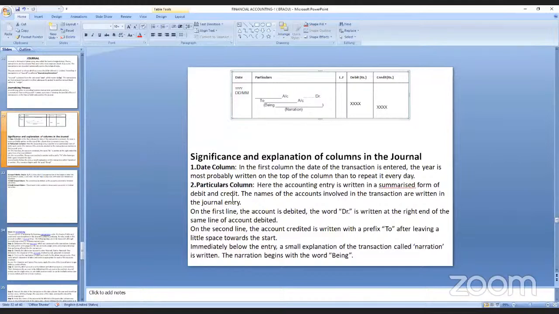Got my point? Then on the second line, the account credited is written with the prefix 'To'. Here, see, you are writing 'To' after leaving a little space towards the start. Immediately below, you have to give a small explanation about the transaction. What is the transaction? About the transaction, you have to give the explanation, that is, the narration, and you have to start with the word 'being'. Understood?